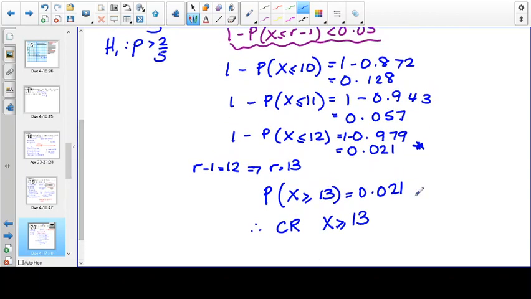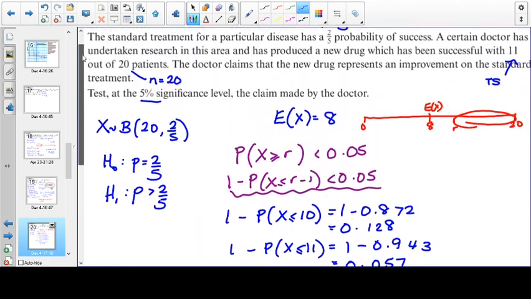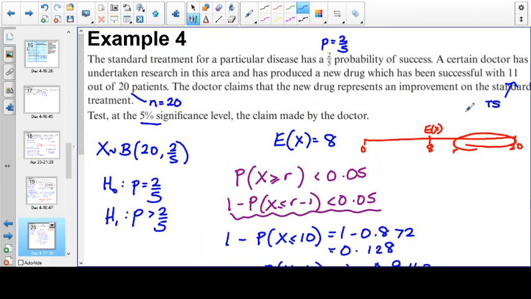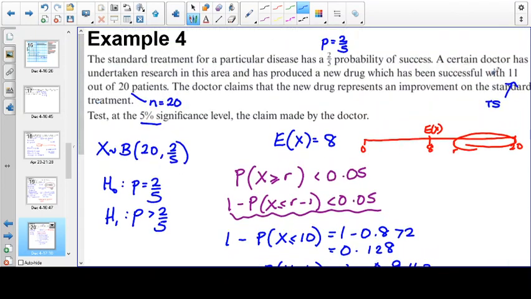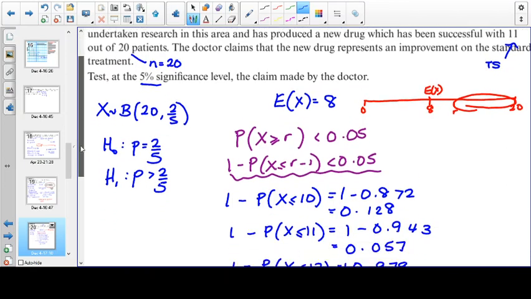So that's 13, that's our critical value, which means that in the context of the question, there would need to be 13 or more patients to have shown improvement in order for the doctor's claim to be true. Now there wasn't 13, there was only 11.